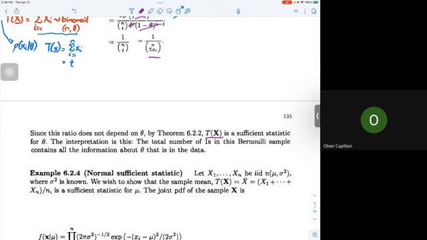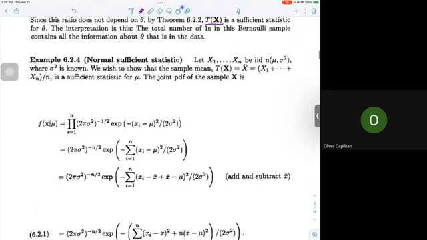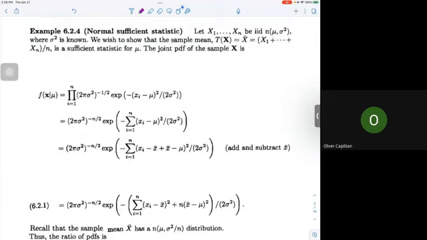Let's have another example to further clarify or illustrate the definition as well as theorem 6.2.2. So we have the normal sufficient statistic. We let X sub 1 up to X sub n be IID, normally distributed with mean mu and variance sigma square, where sigma square is known.